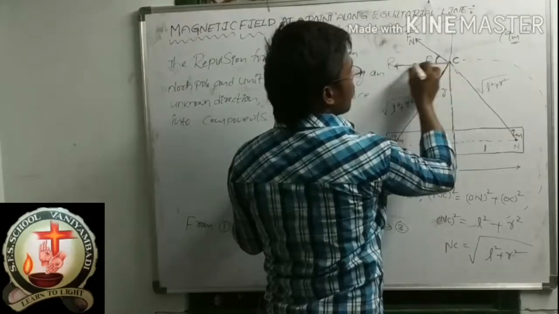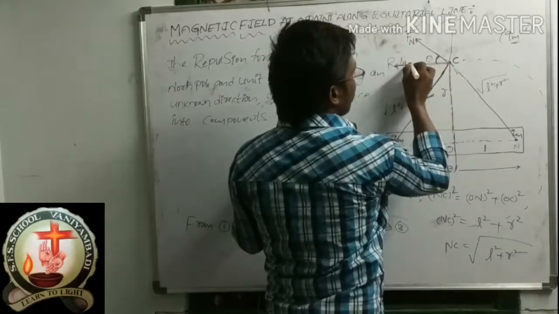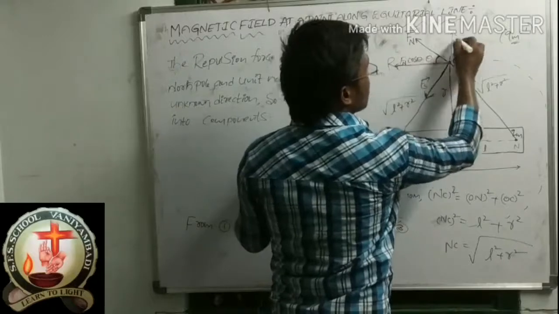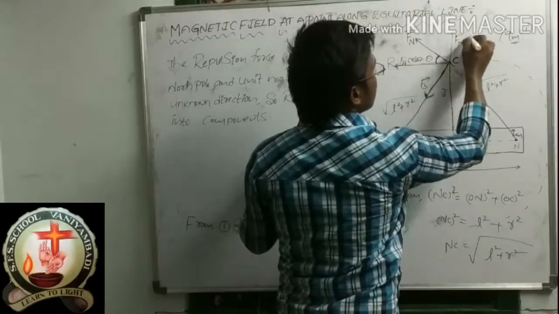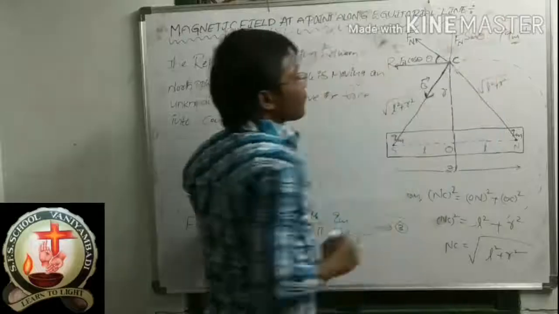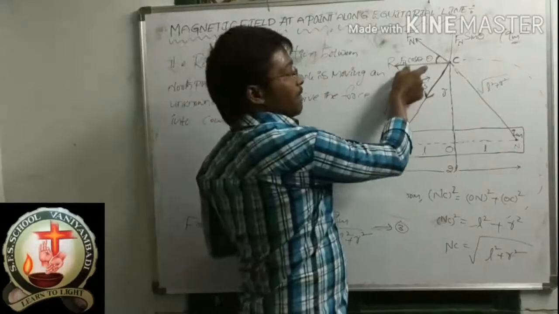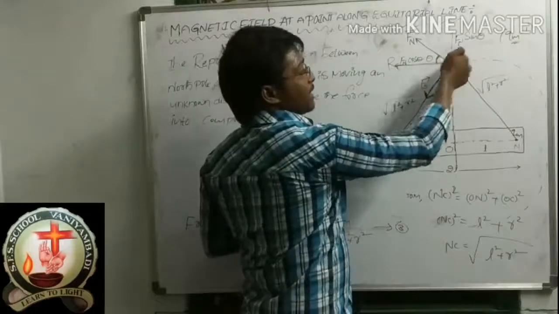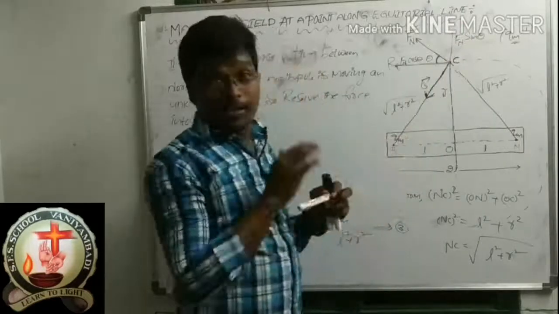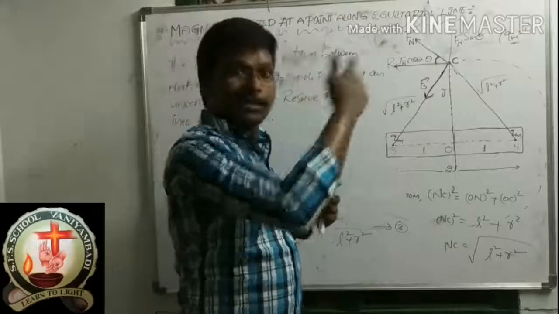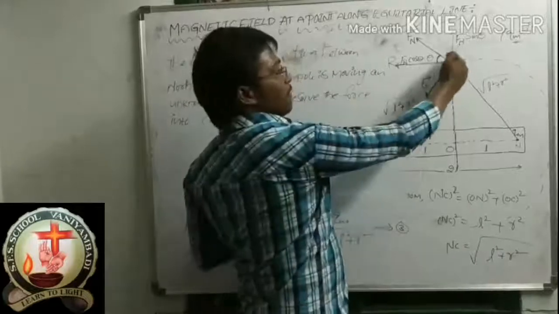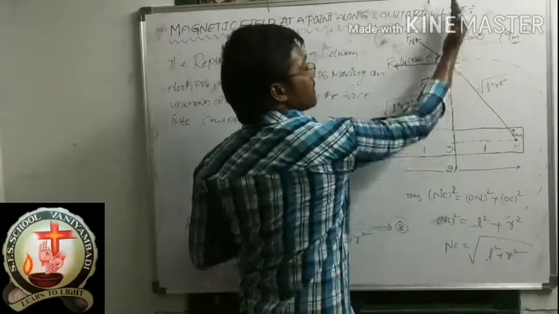Theta is here, so this one is Fn cos theta and this one is Fn sin theta. We know already, the side with theta is cos, the other side is sin. Correct. So this is Fn cos theta and this is Fn sin theta.